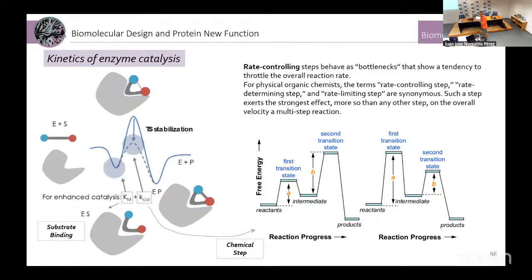Not going into this; you have a lecture on Friday morning on QM-MM, accurate methods to calculate barriers and differences in free energies and electronic energies in different intermediate and transition states from a quantum perspective. Why? Because here we are estimating the chemical steps. We are creating or cleaving bonds. We need quantum mechanics, no force fields. So this is a different estimation of these free energies, but also important for estimating enzymatic catalysis.